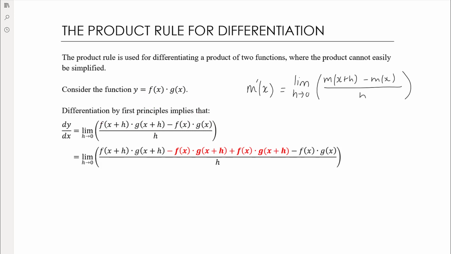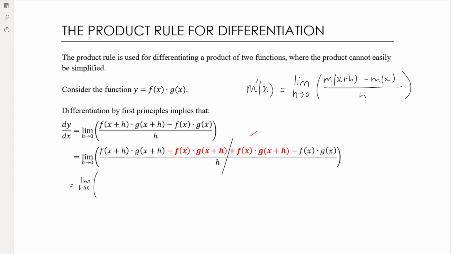Okay, so then let's manipulate this. One of the things we need to do is add and subtract a term that's going to enable us to do what we want. So I've chosen here to subtract f of x times g of x plus h, and then I'm also adding in f of x times g of x plus h. So this is actually equal to 0. I haven't changed the value of this, but what this allows me to do is split this up into two halves that I can simplify. We still haven't taken the limit, so that's still going to sit out the front there.